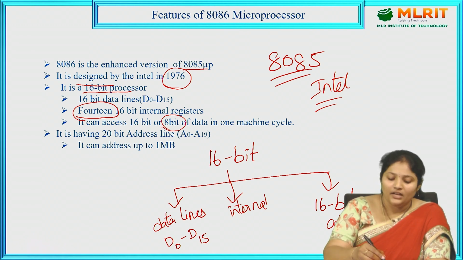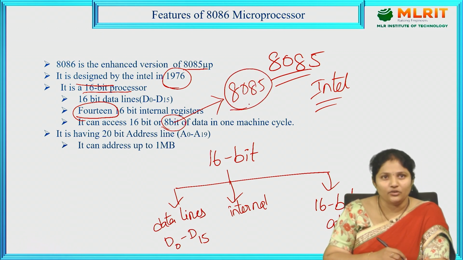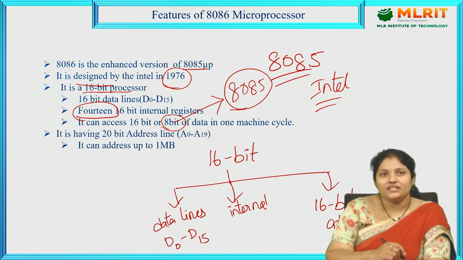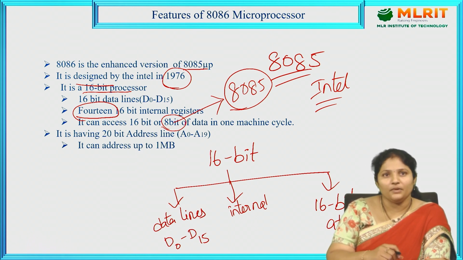So the 8 bits of data which are accessed by 8085 can also be accessed in the 8086 microprocessor. A 16-bit microprocessor can access 16-bit data as well as 8 bits of data in one machine cycle.